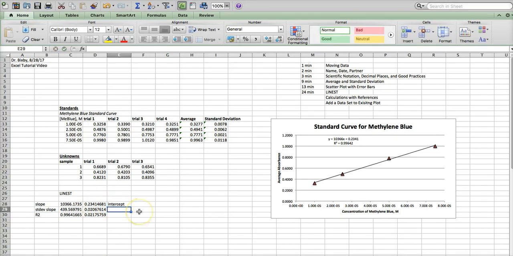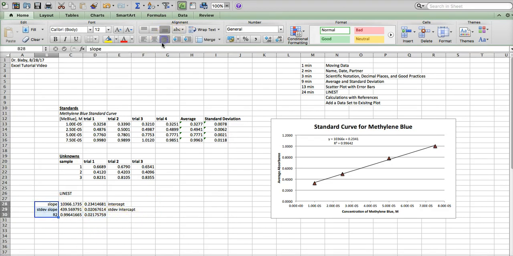Then the next value underneath it is the error in the intercept, or rather the standard deviation of the intercept. And then this value you don't really need to know. It's not going to be useful for you at all, so we'll just leave that out for now.